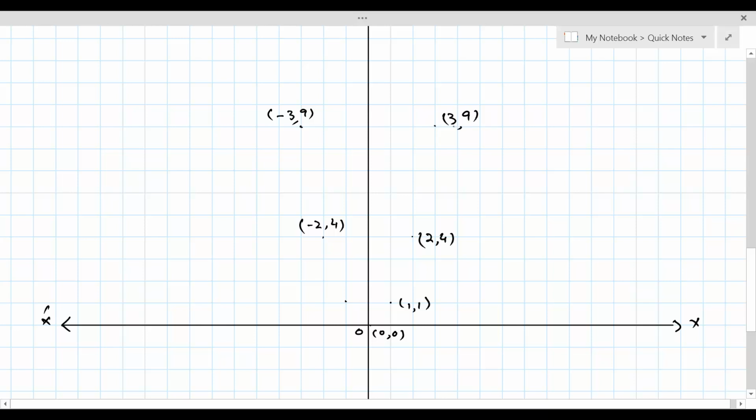And the graph of this function will be like this, drawing it on the other side as well. This will give a look like this graph, and this is y is equal to x square.